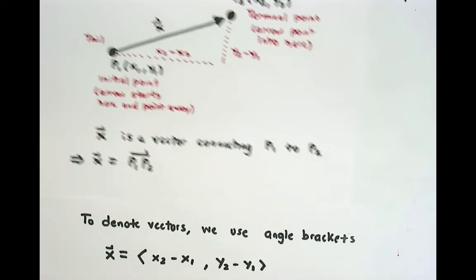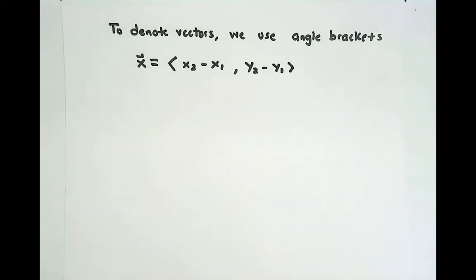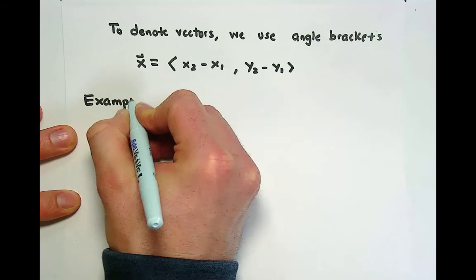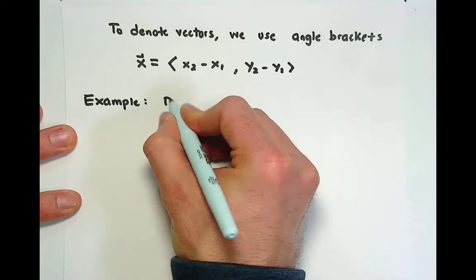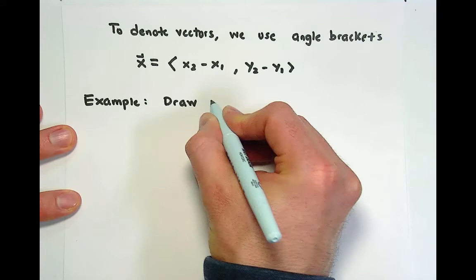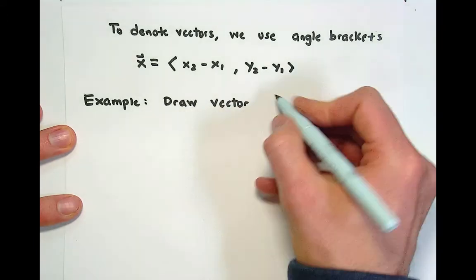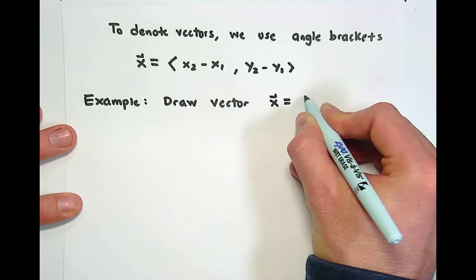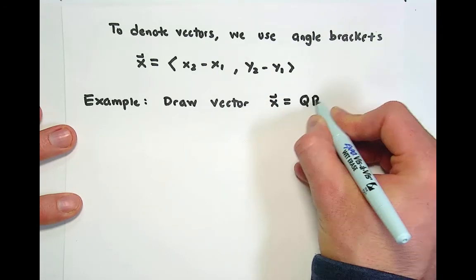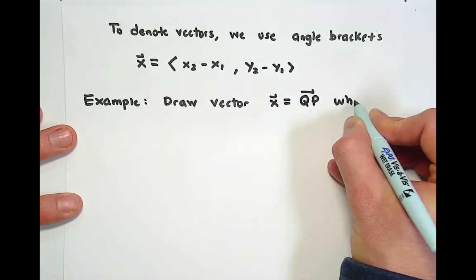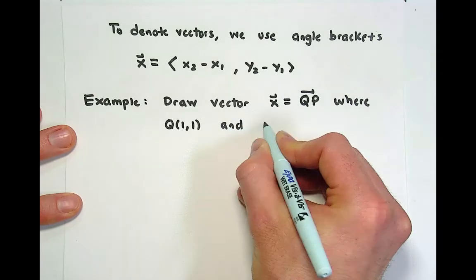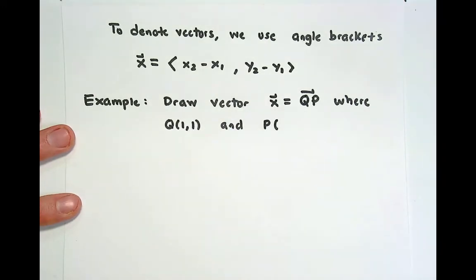So let's look at an example. To demonstrate this point, we'll draw the vector x, which goes from the point Q to the point P, where Q is (1, 1) and P is (5, 4).